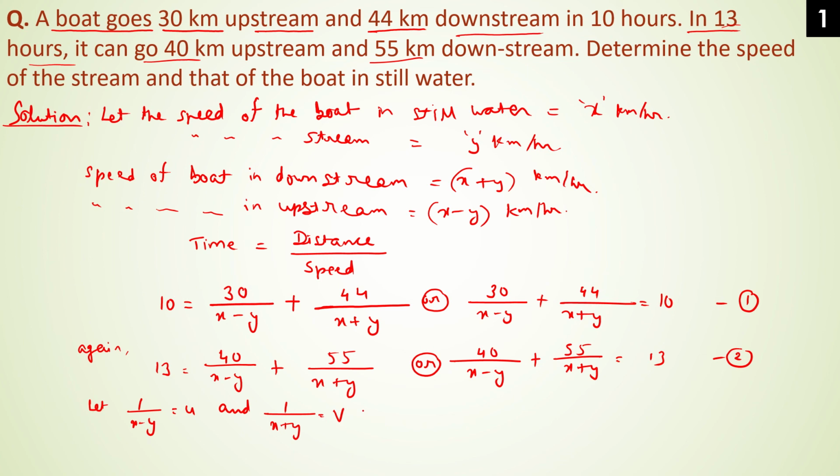So we get the equations become 30u plus 44v equals to 10 and 40u plus 55v equals to 13, which are third and fourth.